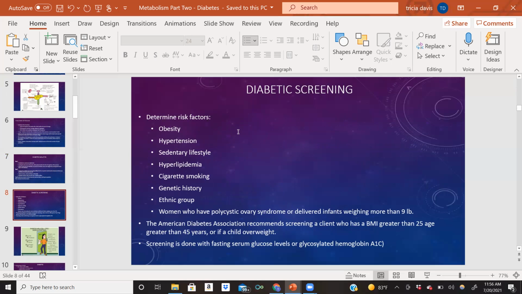So when we're doing diabetic screenings on our patients, we need to look at some of their risk factors. So are they obese? If you're in the primary care setting and you're seeing these patients on a regular basis, you will be able to compare and contrast their weight from previous visits. You're going to be monitoring their blood pressure, determining if they have hypertension, and you also want to talk to them about their lifestyle.